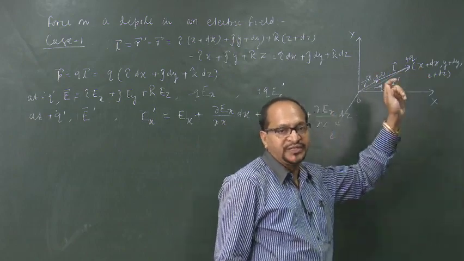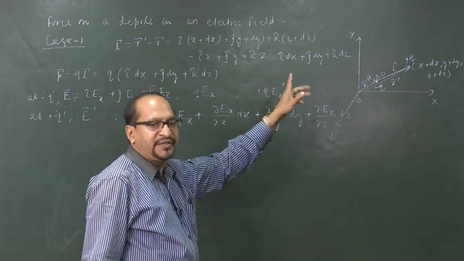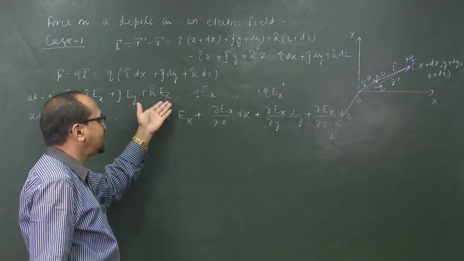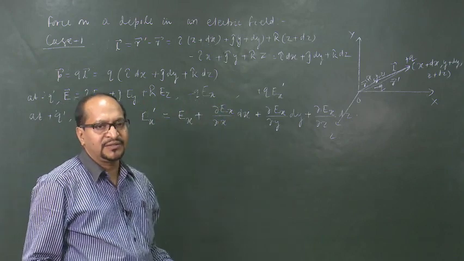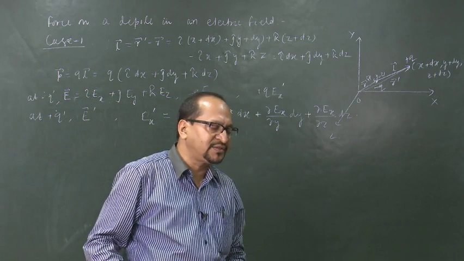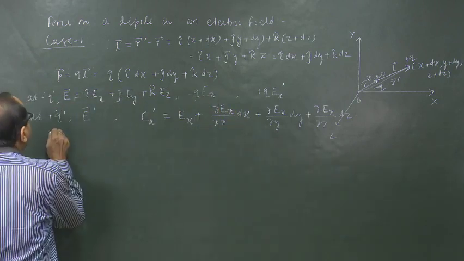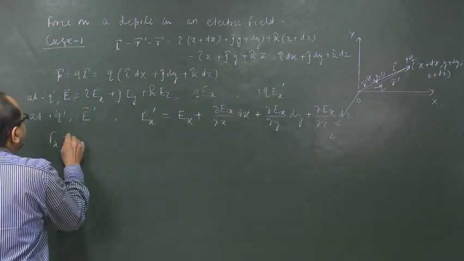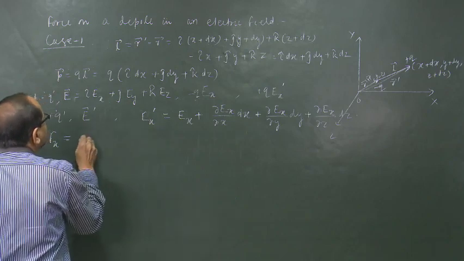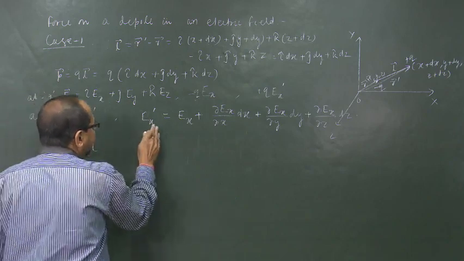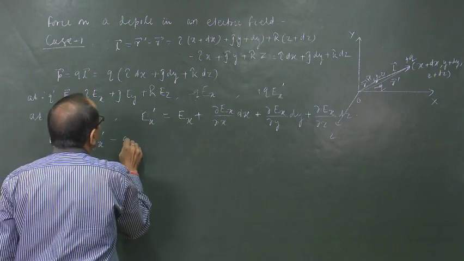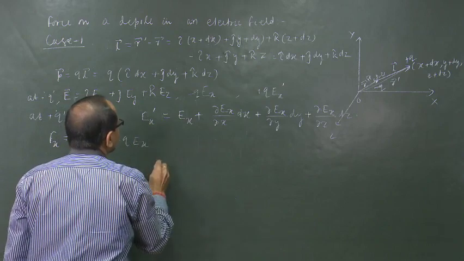So, what will be the resultant force? Obviously, this force minus this force, because they are in opposite directions. If one is in plus i cap direction, the other will be in minus i cap direction. So the x component of force acting on the entire dipole will be q into E x dash minus q into E x.